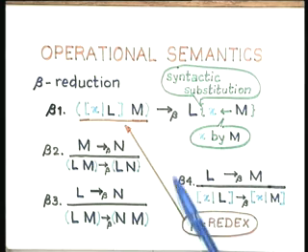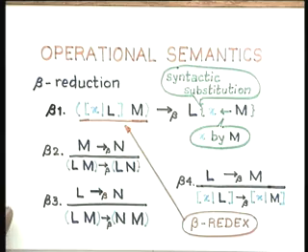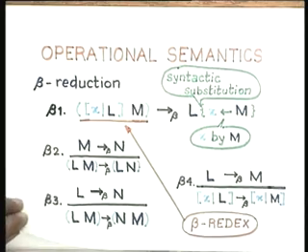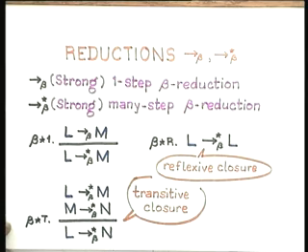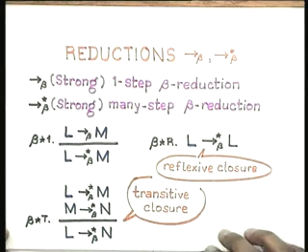If you don't have the abstraction, then it becomes what is known as a weak beta reduction. Such a term, which is an application of an abstraction to a lambda term, is called a beta redex, and you can take transitive closures of beta reductions and thereby get many step beta reductions, either strong or weak.